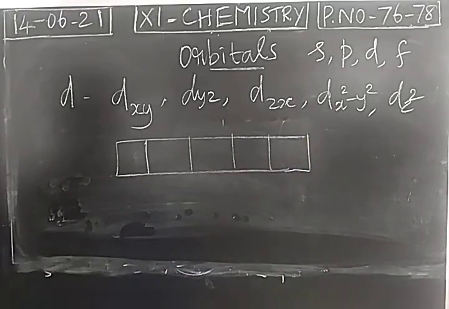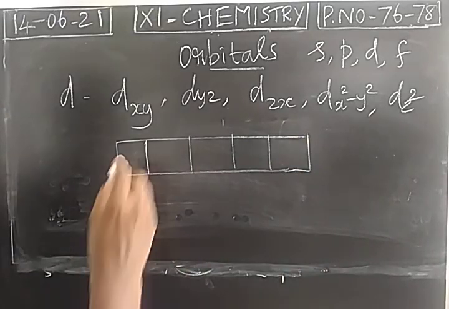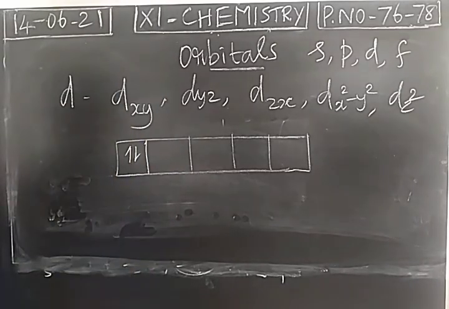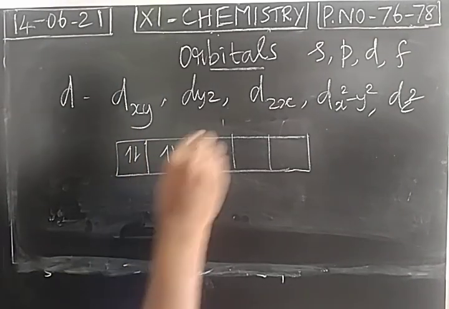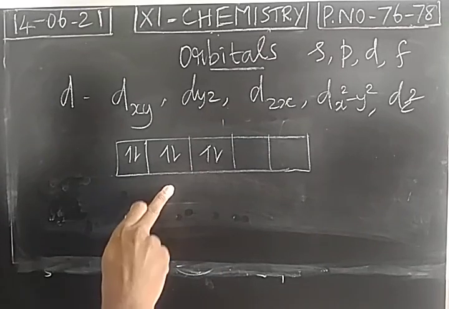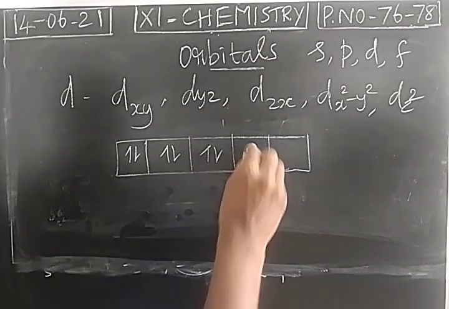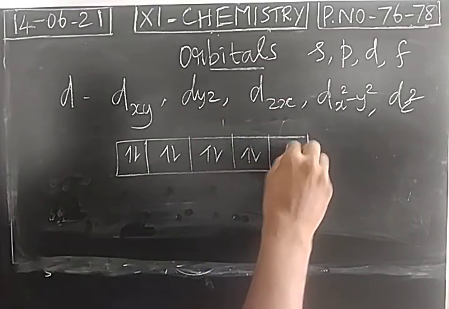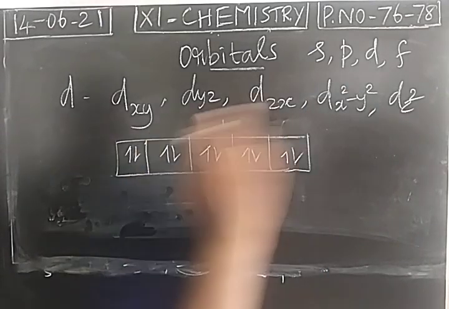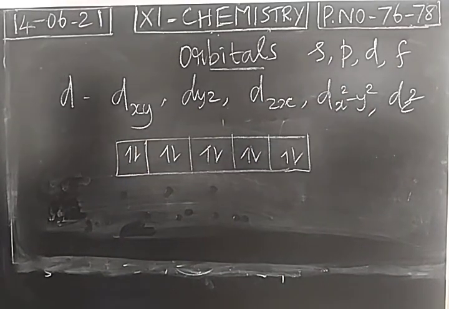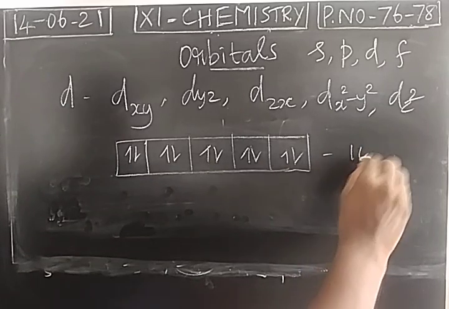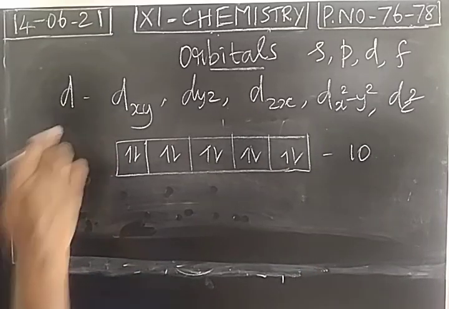Maximum number of electrons in each orbital will be 2. Each type of d orbital will accommodate 2 electrons. So maximum number of electrons present in d orbital will be 10.